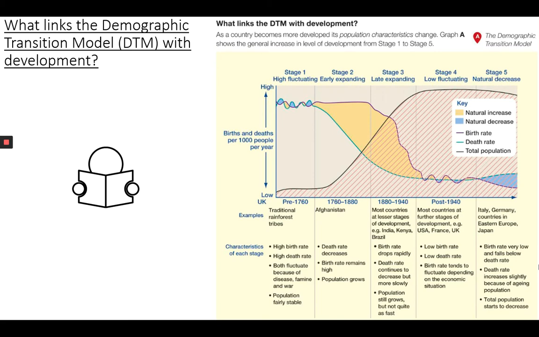The final part of the diagram is at the bottom. These are the all-important characteristics of each of the 5 stages. So let's have a look at what all this means stage by stage.